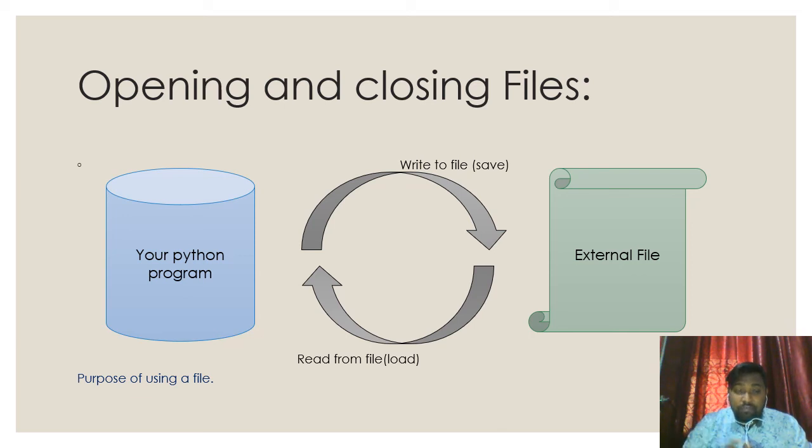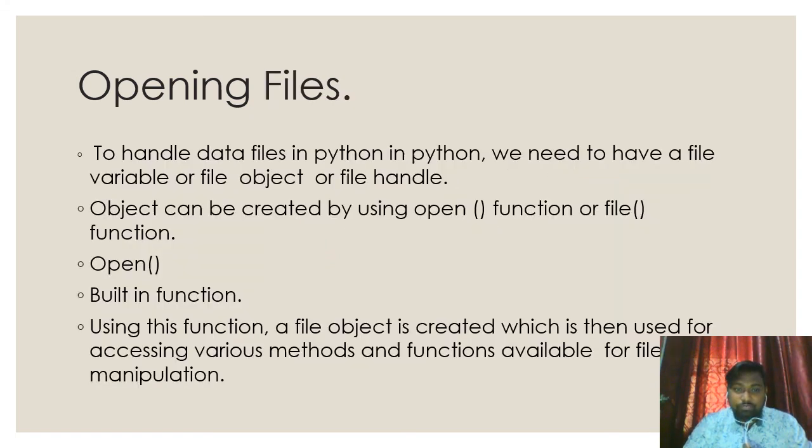The second step is we can read or write, processing the data. And the third step is closing the file with the close function in the Python library. So according to that, we'll have these kinds of opening and closing files. Let's see each and everything.